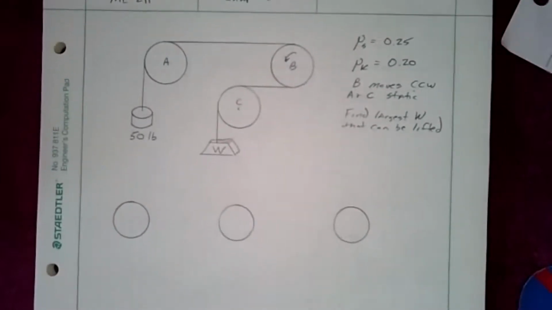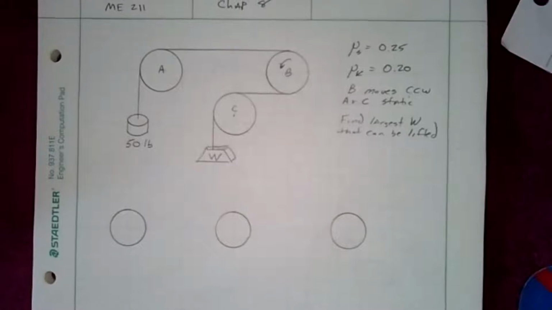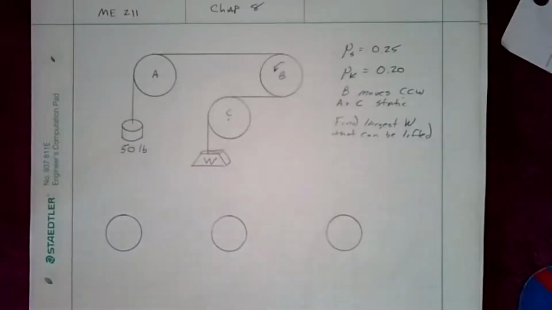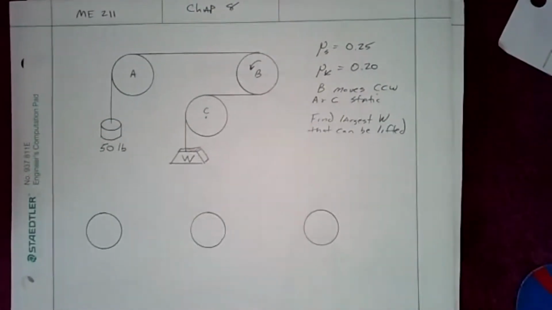So there we have our 50 pounds. Now, we're going to determine this, which is actually part B. Let's do part B first, and then we'll come back to part A, because part B is actually more challenging.